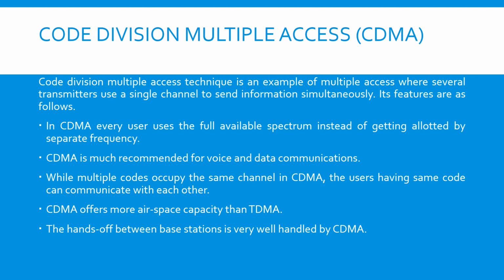That means all the frequencies operate simultaneously. So the code division multiple access technique is an example of multiple access where several transmitters use a single channel to send information simultaneously. That means a lot of frequency variations are there in this type of technology.